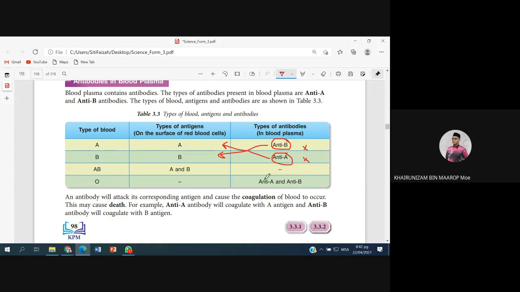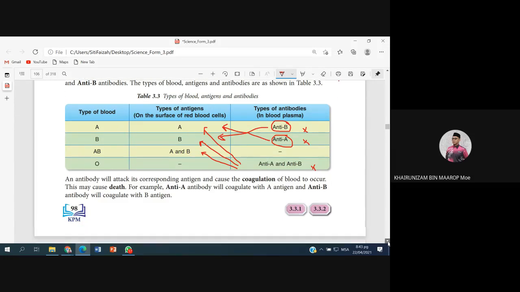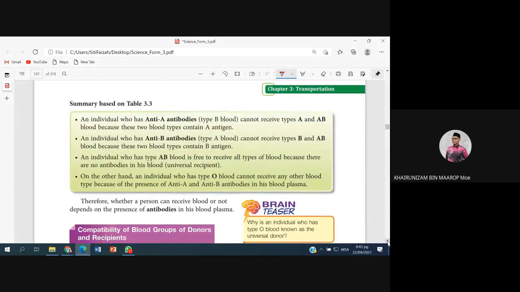What about this one? Dia tak boleh untuk ketiga-tiganya. Ini tak boleh berjumpa. Yang ini tidak ada antibodies kan? So maksudnya dia boleh semua. Okay, so kita tengok dia punya summary.